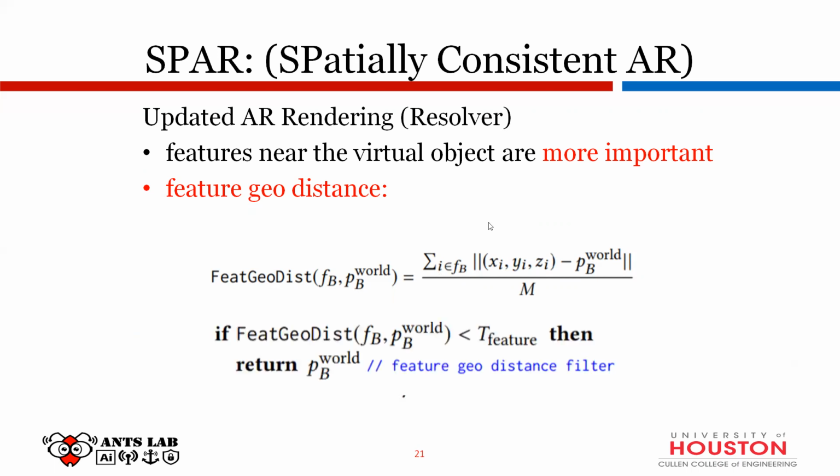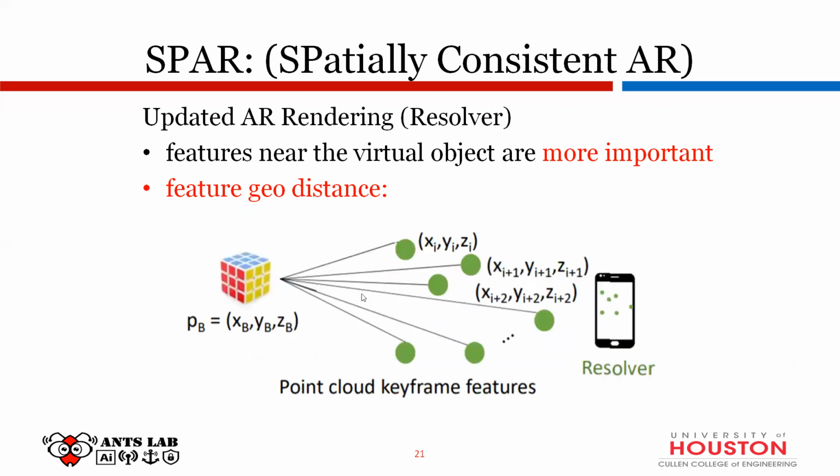So basically, it's just trying to say that, let's say this is the object right here. They try to get all that information, like the distance between them, and they determine a threshold. They will update those that are closer to it.